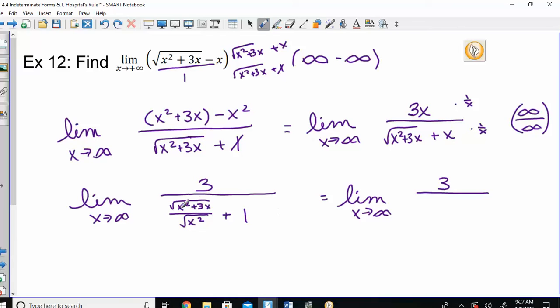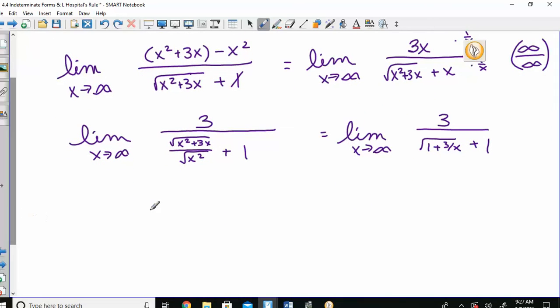So under that square root, I'm dividing by x squared, so we get 1 plus 3 over x. So now we have 3 over the square root, 1 plus 3 over infinity is going to 0. So we get 3 over 2.